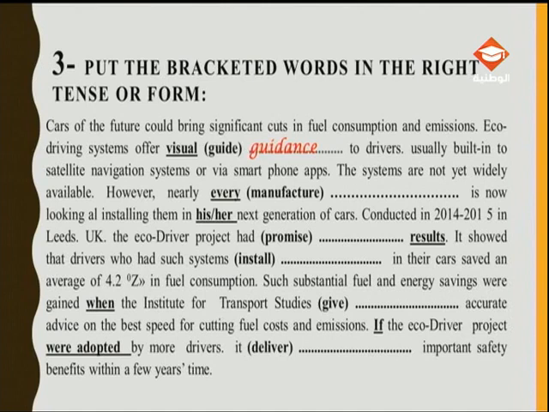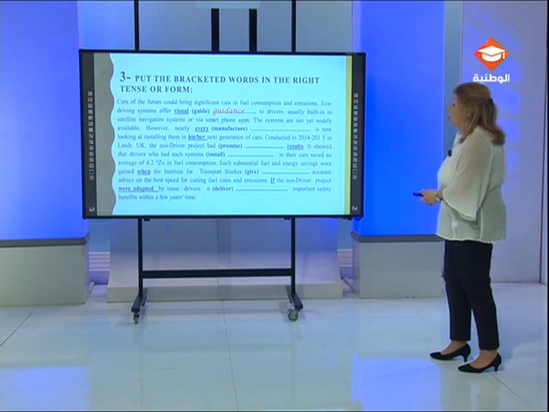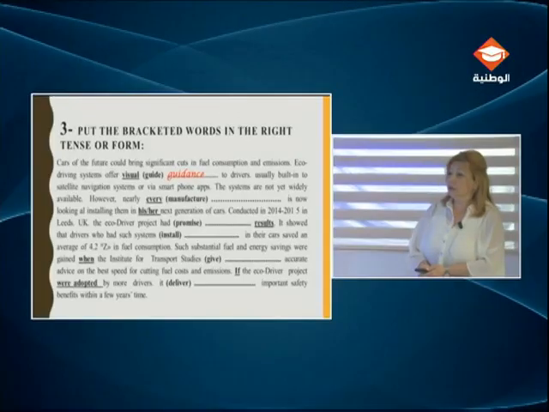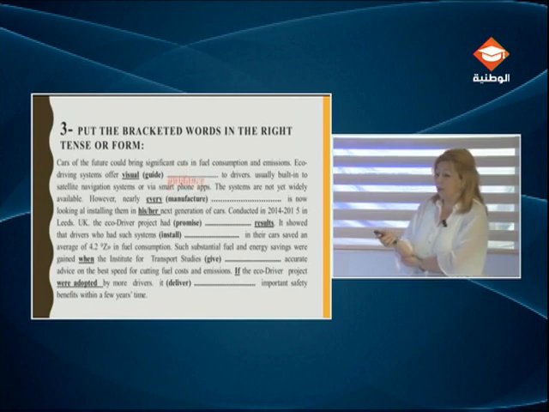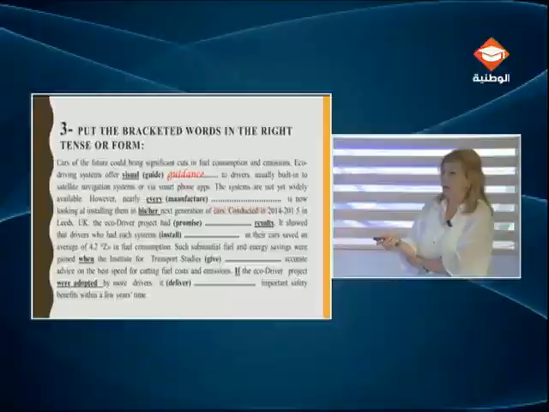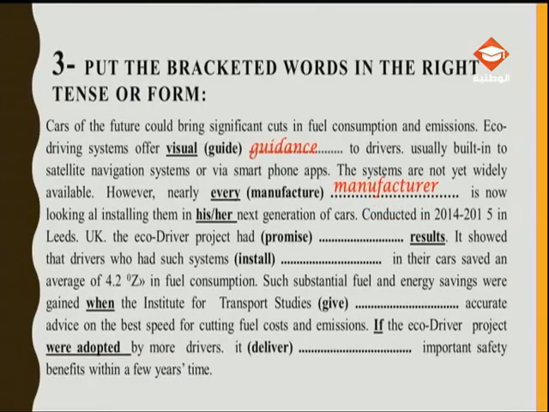And then we have in his or her next generation of cars, his or her refer to the word we look for, and consequently we need the doer. We are speaking about every manufacturer, and be careful with the spelling. It requires ER and not OR.